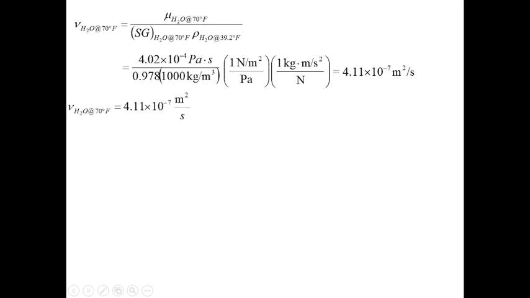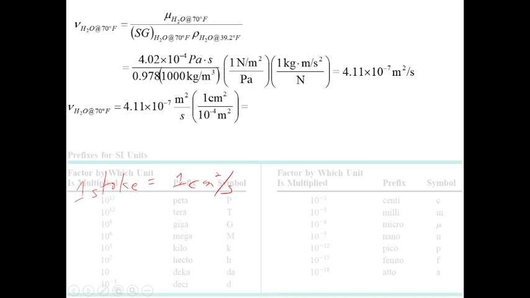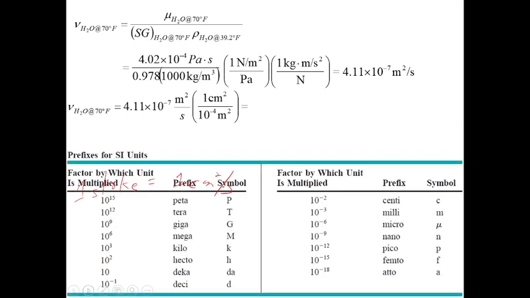So, knowing that, i-convert daw natin siya ng Stoke. So, para ma-convert natin siya ng Stoke, recall that 1 Stoke is equals to 1 square centimeter per second. Okay? So, recall natin itong table. Ang centi 10 to the negative 2.